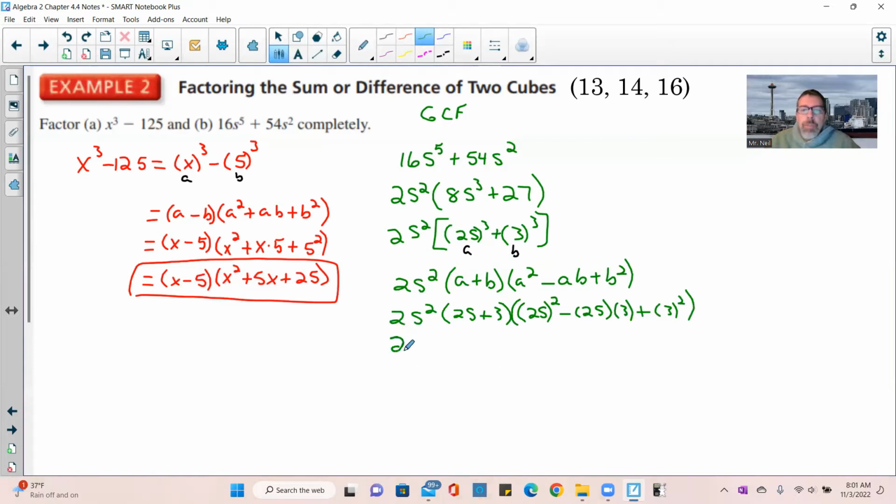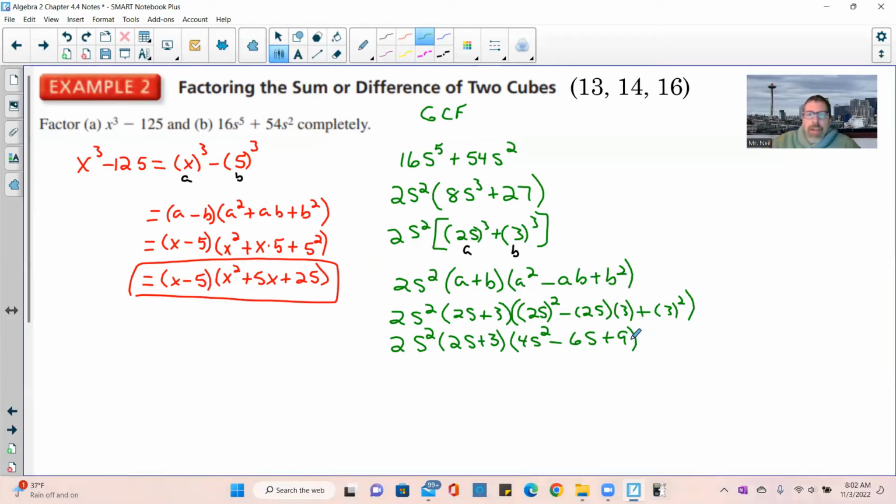Okay, so now we simplify and we'll be done. 2s squared times 2s plus 3 times 2 squared, which is 4, s squared is s squared, minus 2s times 3, which is 6s, plus 3 squared, which is 9. Factors of 9 that add up to 6 are 3 and 3, but we have this 4 over here. So at this point, we're just going to leave it like this. So we have 2s squared times 2s plus 3 times 4s squared minus 6s plus 9.